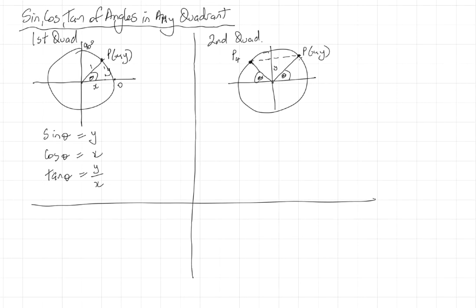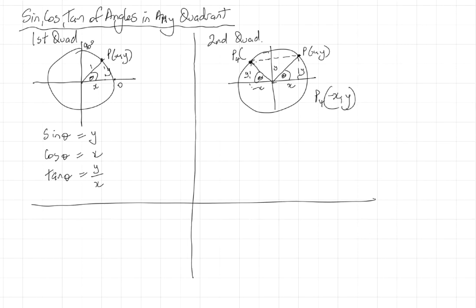So that's y, and that's y. And if that is equal to x going in that direction, then this is negative x. So here, the coordinates of P4 will be (negative x, y).